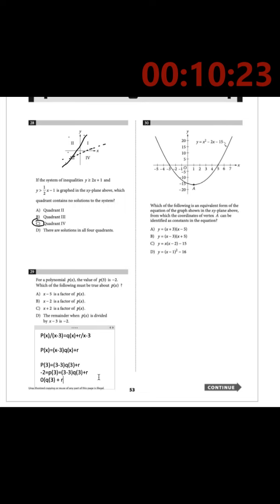Therefore, r must equal negative 2. So the answer would be D, x minus 3 and negative 2.